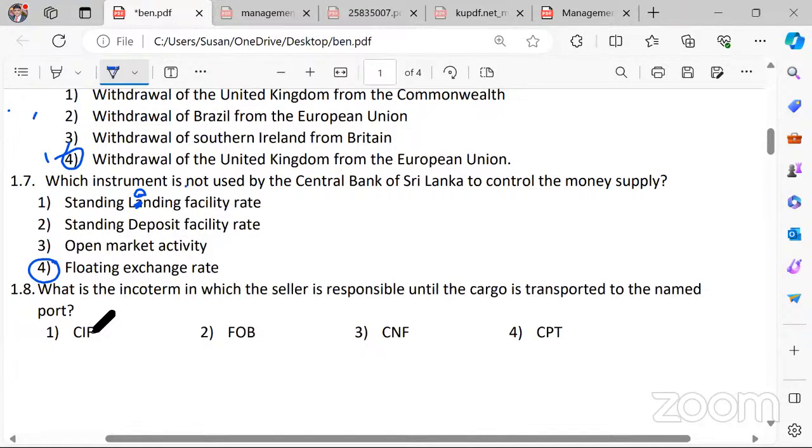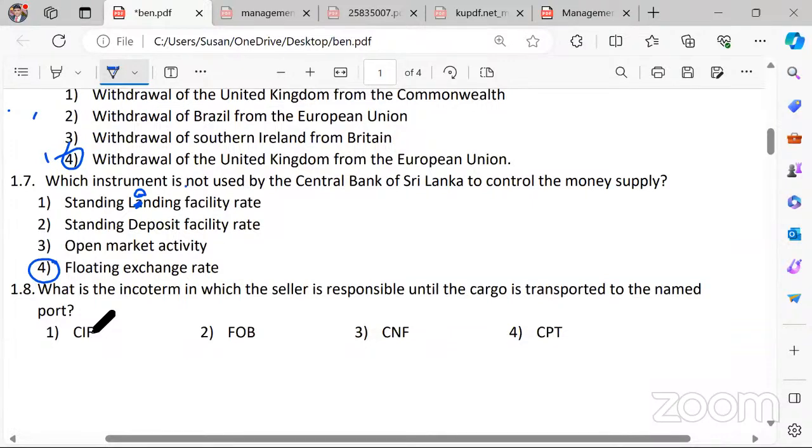FOB stands for free on board. The goods are deemed to be delivered by the seller to the buyer when they are delivered on board the ship nominated by the buyer at the named port. FOB. CNF means cost and freight.